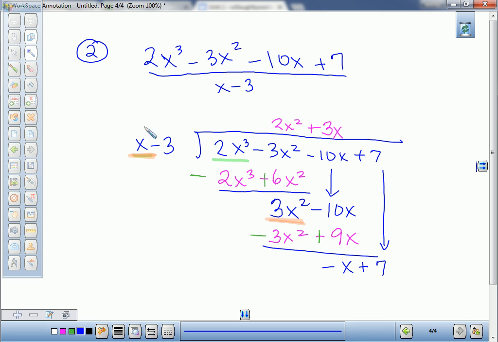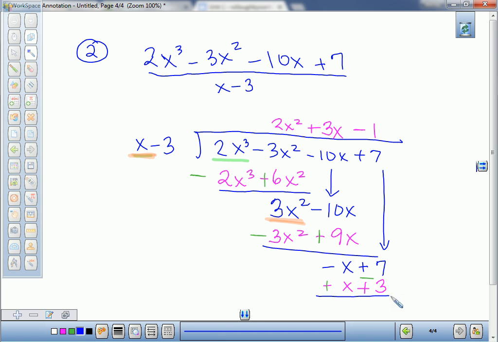All right, what do I multiply x by to get negative x? Negative 1. So a negative 1 times this stuff is just going to change the signs. And then we subtract, so subtracting this from this turns this to positive and this to negative.